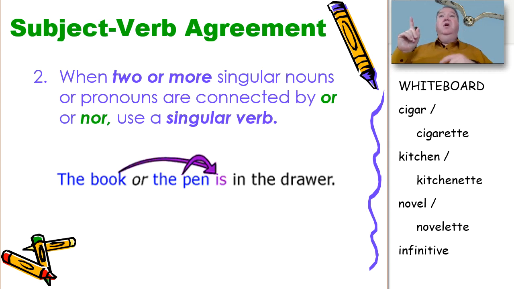So you have this one or this one, only one, because these are singular. Only one, so the verb has to be singular. The book, singular, or the pen, singular. The book or the pen is in the drawer, singular. Okay?